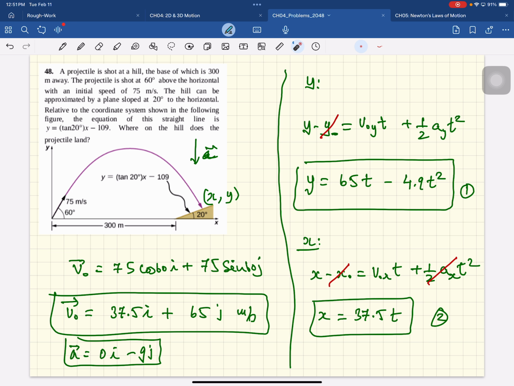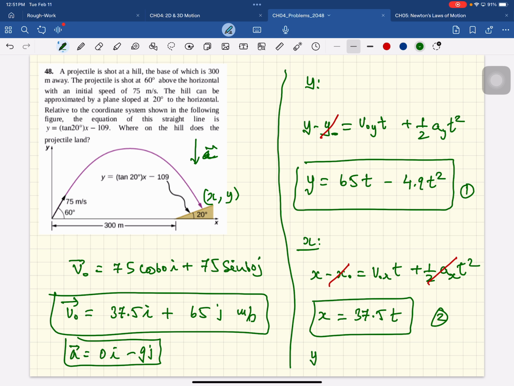Sounds like we have a problem. But it turns out that x and y are related according to this equation. There's the third equation. So now we should be able to solve it. That was the tricky part.